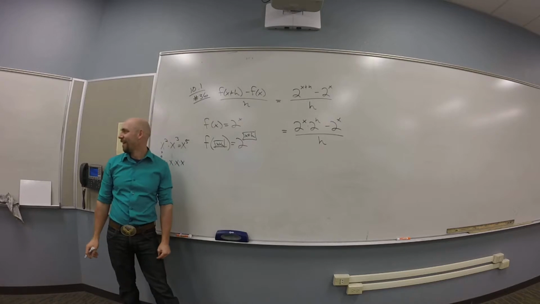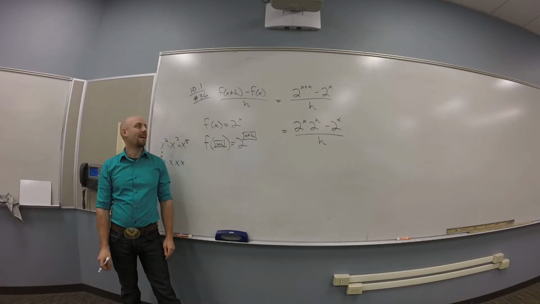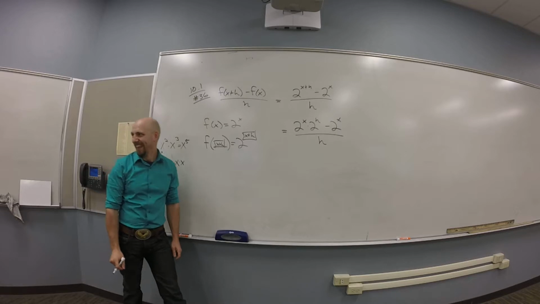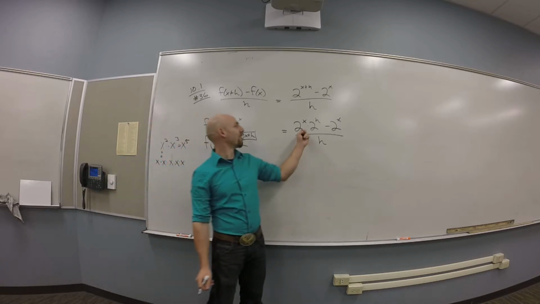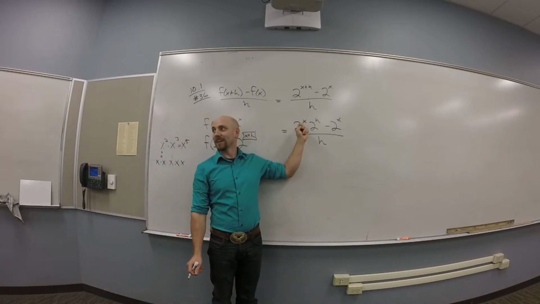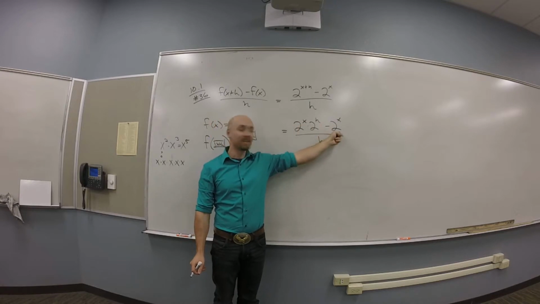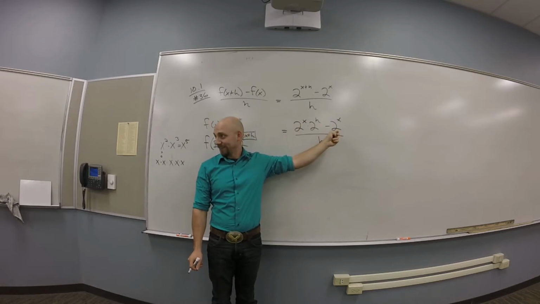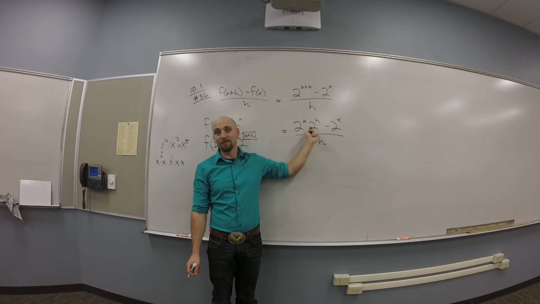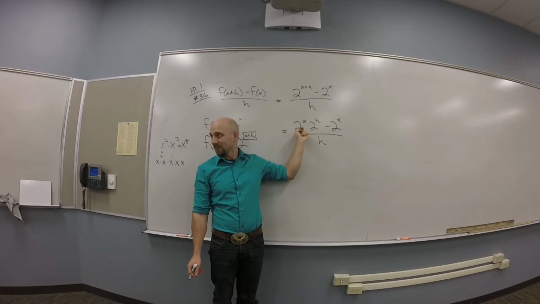You cancel the 2 to the x and the negative 2 to the x. I would like to be able to say this 2 to the x minus that 2 to the x is nothing, right? That seems legit, except this isn't one 2 to the x.